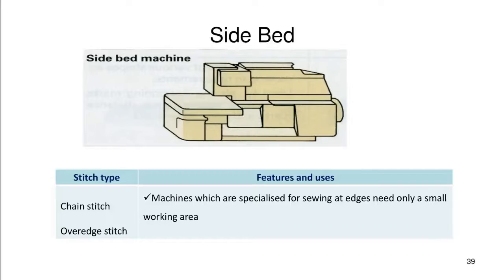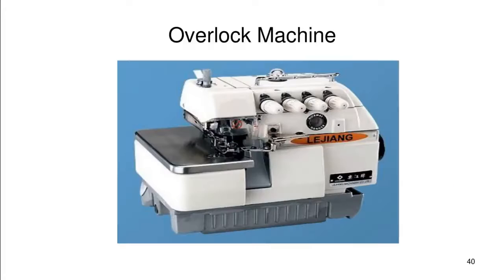So in this side bed, you will see on the left side, you just have a very small square shape area on which you have to place the edge of the garment or the garment part, and then you can do the operation on one side, and that operation is overlock. We move on to the next slide, which is slide number 40. This is the actual picture of an overlock machine.